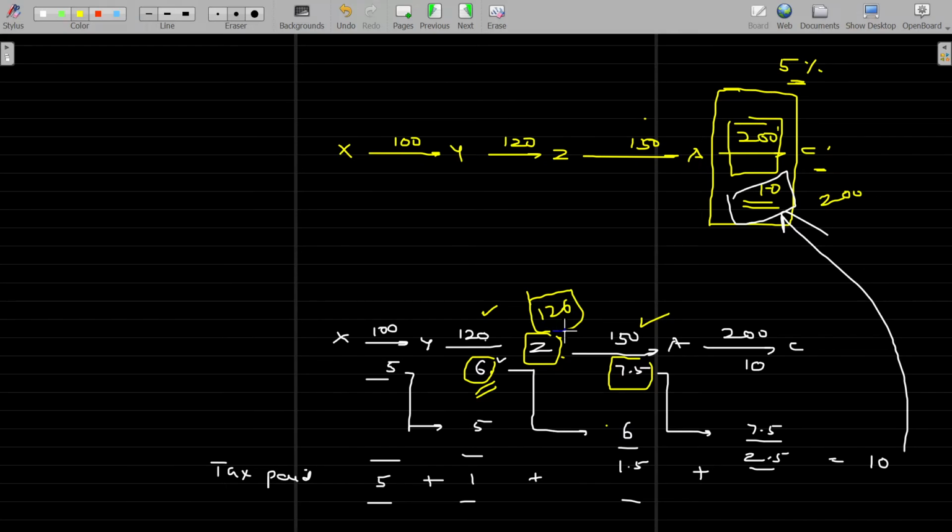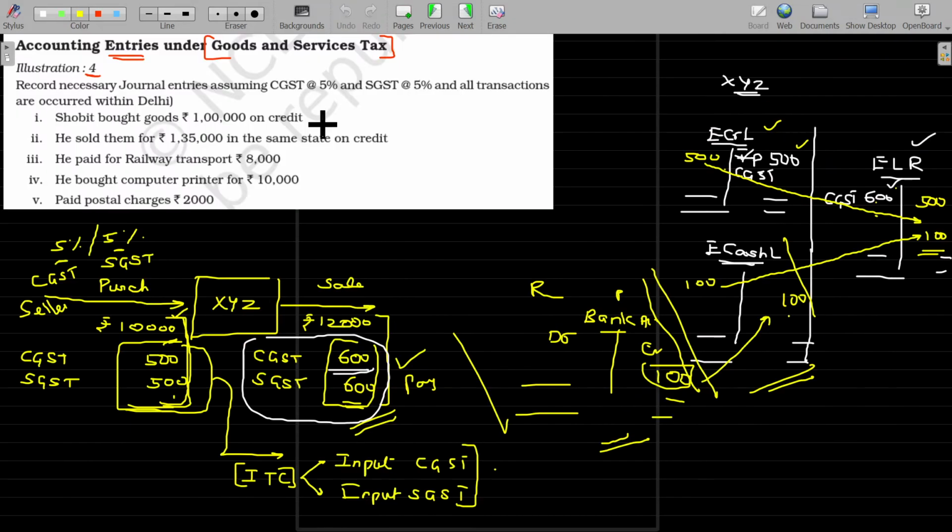Of course, still some fraud happens. You might have heard now and then that GST to this extent of amount is evaded, also found out. That also happens, but this method may be better than the earlier method. Is that okay? That's what happens here. I explained here: X, Y, Z purchase, while purchasing GST is paid, but on selling he gets it back.